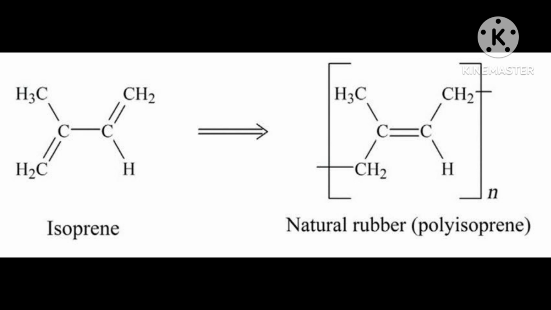Importance of butadiene styrene copolymer. It is used for the manufacture of auto tires, floor tiles, footwear components, and cable insulation. In footwear, you have seen that particularly in sports shoes, it is used.